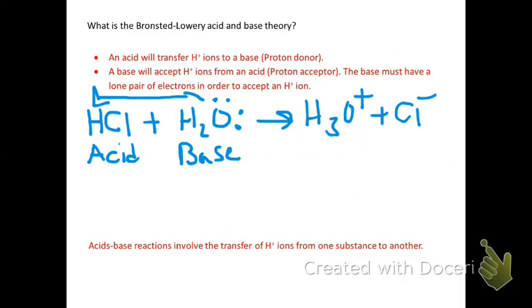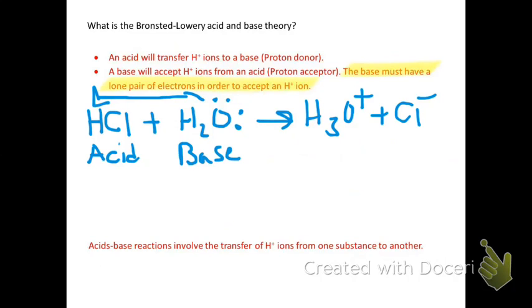Alright? So what we have found is that when we have a Bronsted-Lowry acid, we always have a Bronsted-Lowry base. In order for us to have an acid, we must have a base, because the acid always donates an H+ ion or a proton to the base, and the base always accepts it. Now, one of the things that the base has to have in order to accept an H+ is a lone pair of electrons.